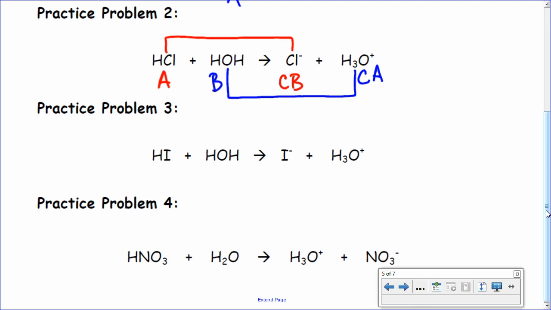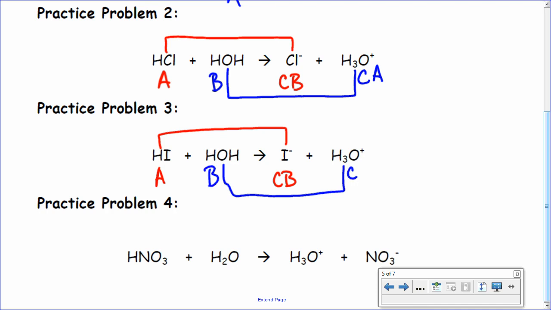So let's find the acids, the proton donors. HI became I, so that must have been the acid. It lost a proton, making it the donor, so that makes this the conjugate base. And then we've got HOH and H3O. HOH became H3O, so that was a base and its conjugate acid. Back and forth, back and forth. That's kind of how this works.